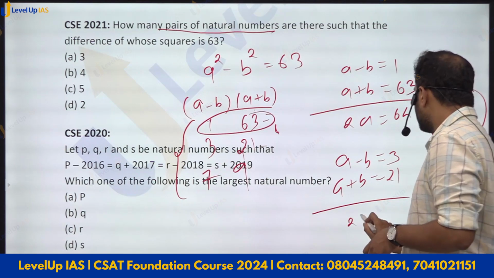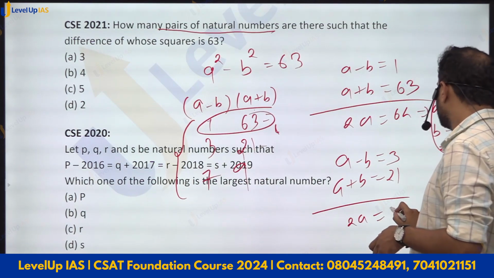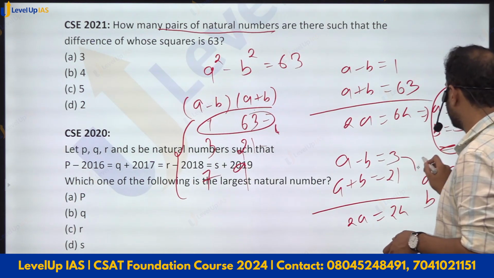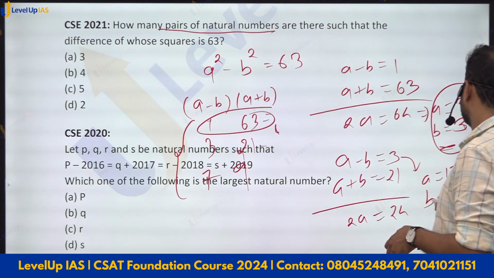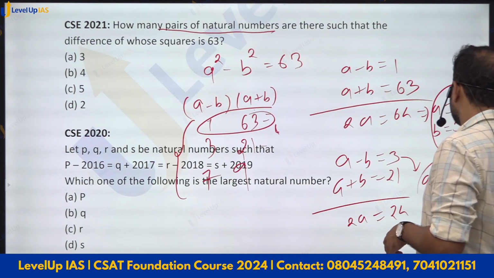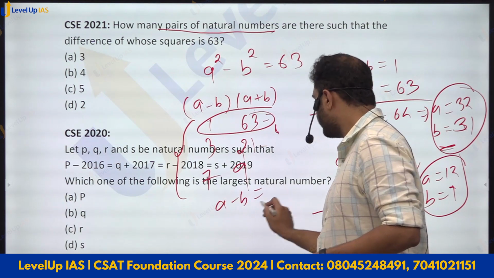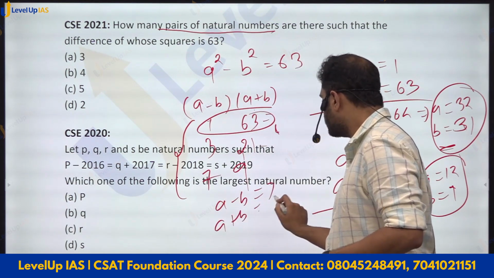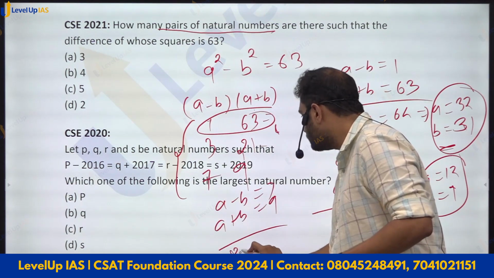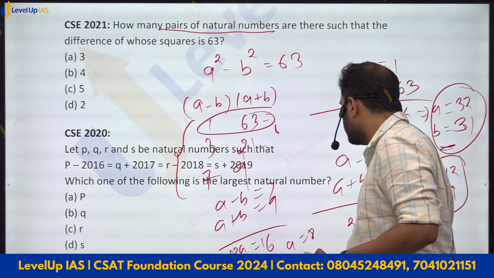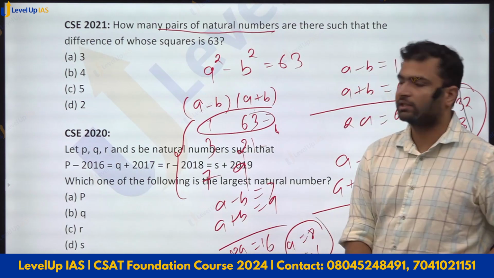Again we add, we get 2A is equal to 24, A is equal to 12, so B is 9. This is another acceptable answer. And third, A minus B is 7, A plus B is 9. Again we add, we get 2A is equal to 16, A is equal to 8, and therefore B is equal to 1. This is also an acceptable answer.